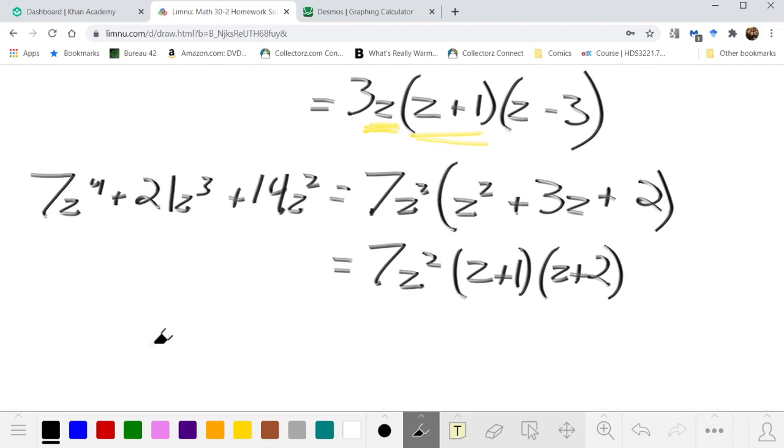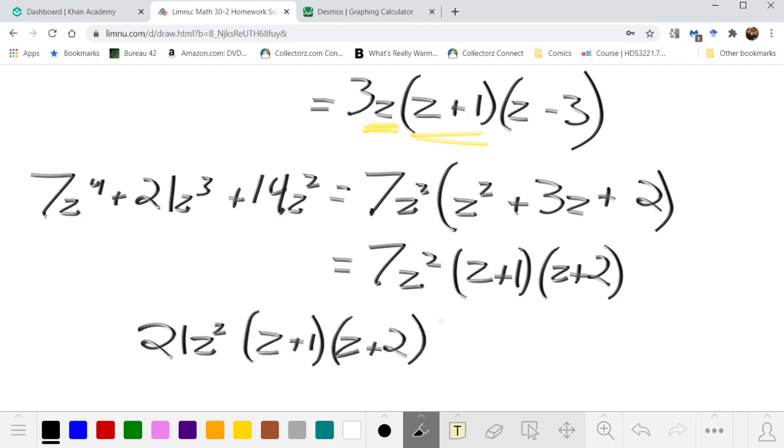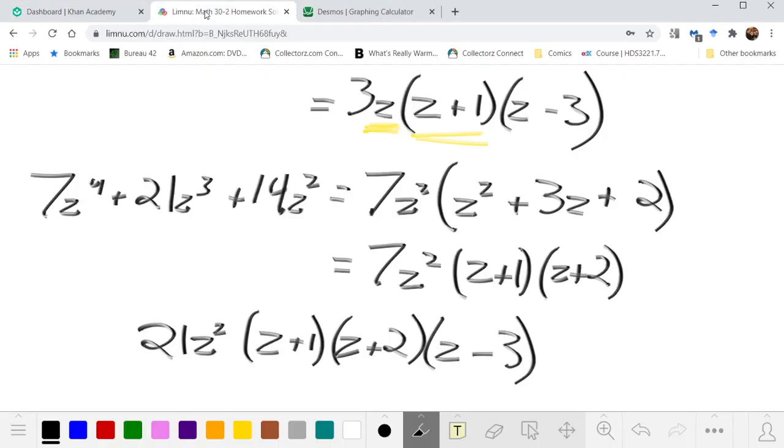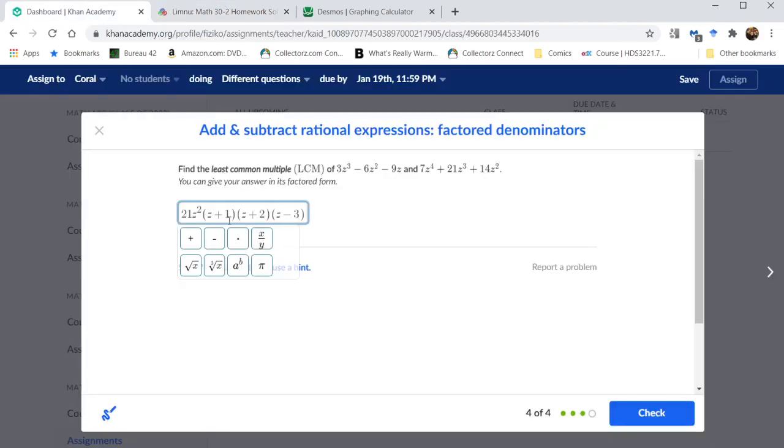So that makes our, sorry, not greatest common factor, least common multiple 21z squared times z plus 1, z plus 2, z minus 3. We carefully transcribe that as 21z squared times z plus 1, z plus 2, z minus 3, and submit.